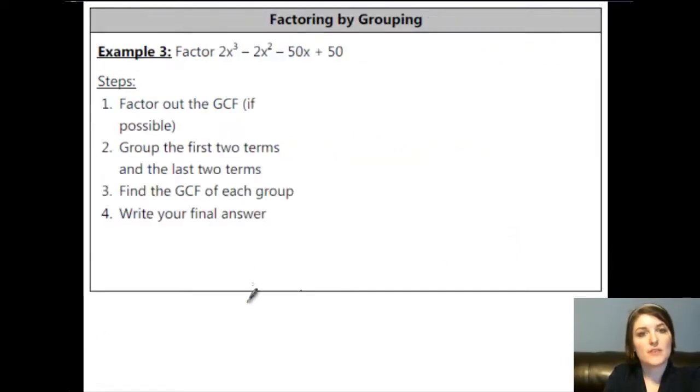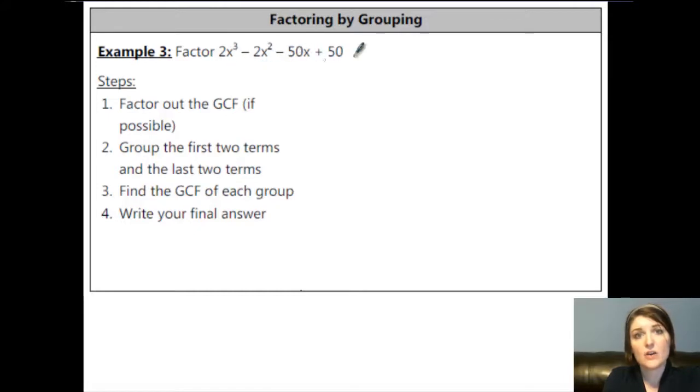Next, we're going to have a refresher about factoring by grouping. We did this back in Unit 7. So factoring by grouping, the first thing we want to try is factoring out a GCF, if possible. You're not always going to have a GCF, but in this particular case, let's take a look. I see x to the 3rd, x squared, x, no x, so I can't pull an x out.